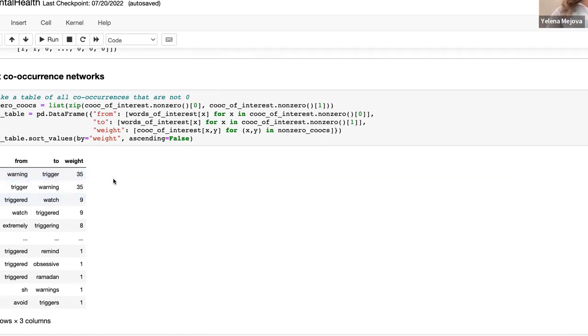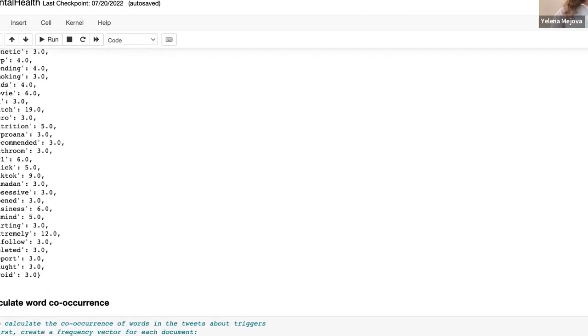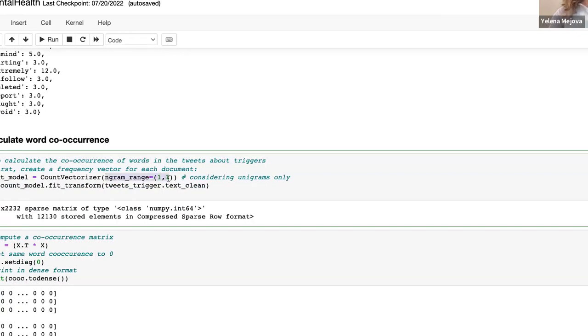Also, one way is to say, oh, we already know that there may be two-word groupings. Instead of doing it word by word, you can look at co-occurrences with n-grams bigger than 1. You can say, let's compute 2-grams, right? 2-grams and 1-grams. And then you can do this for phrases as well.